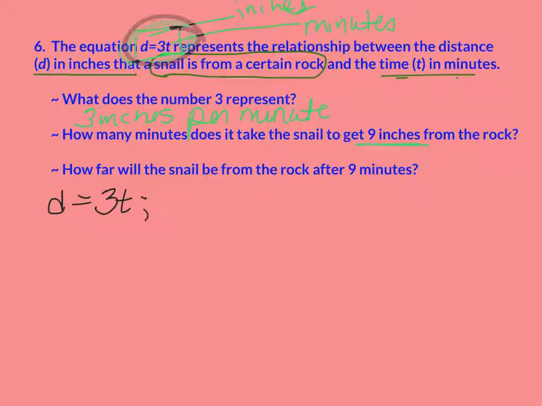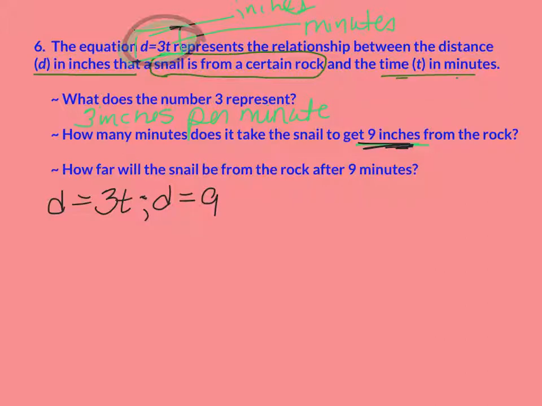I'm going to put a semicolon to separate my 2 parts. And then this is 9 inches. So is 9 the distance in inches, or is it the minutes? Well, it tells us right there it's inches, so it's for sure the distance. So therefore they're telling us that d is equal to 9.